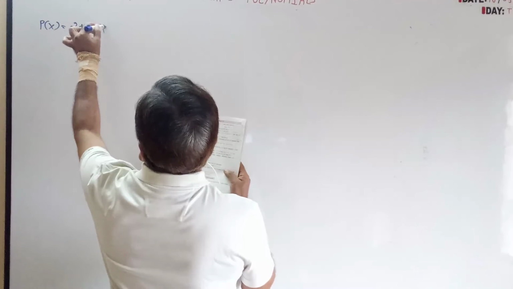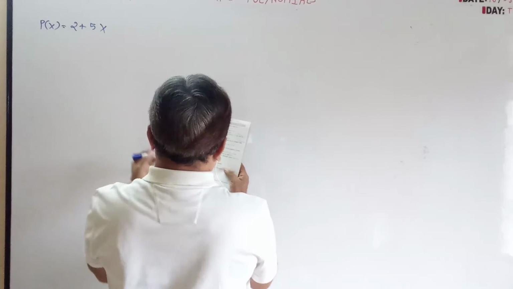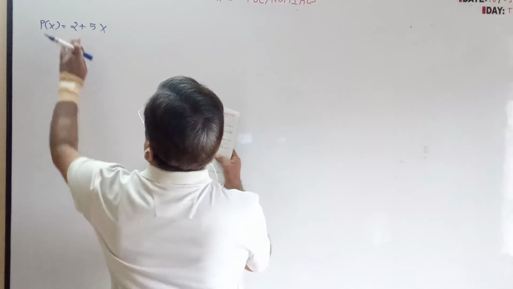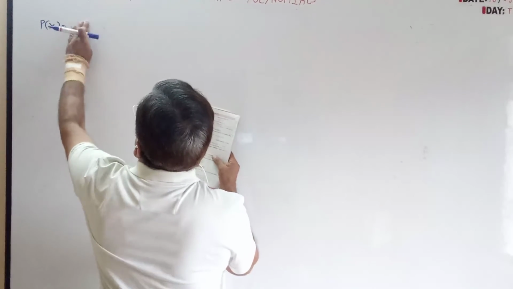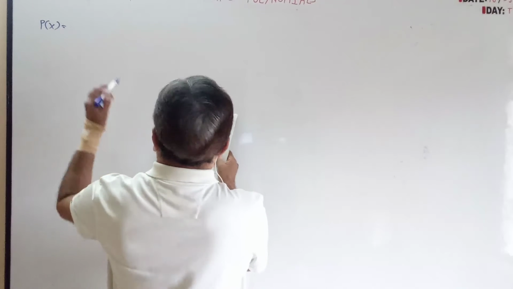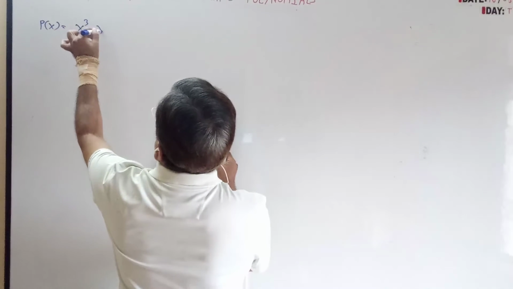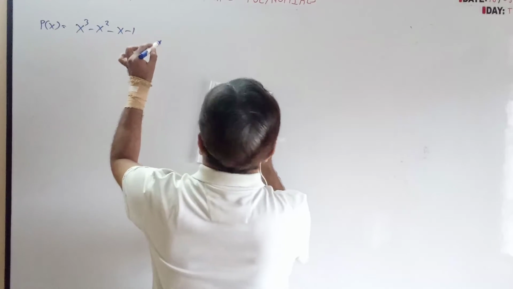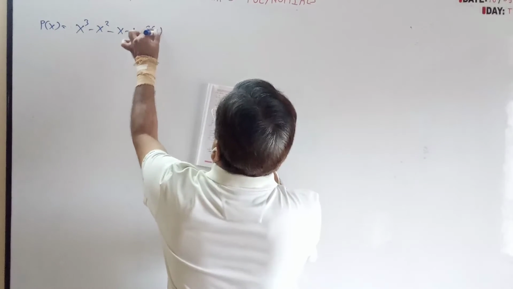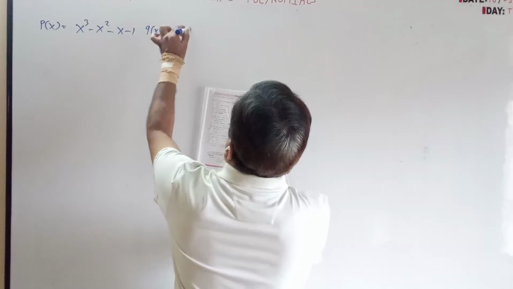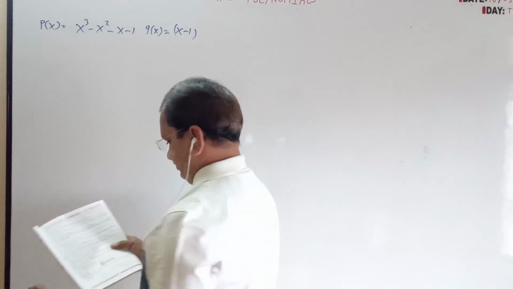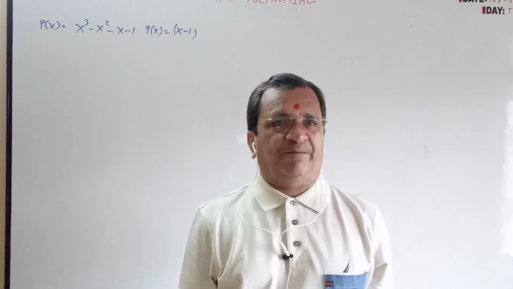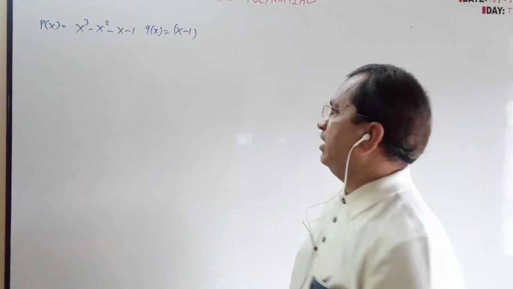P of x is x cube minus x square minus x minus 1, and Q of x is x minus 1. Whether Q of x is a factor of P of x or not, that we have to check. How?